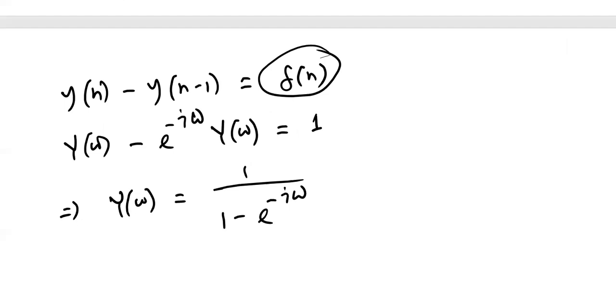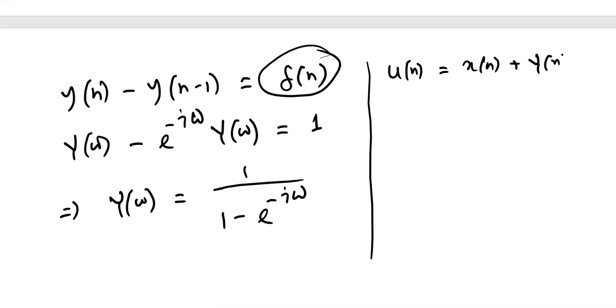So this is our Y(omega), and we already found the X(omega). If we look back, we have defined u[n] equal to x[n] plus y[n].